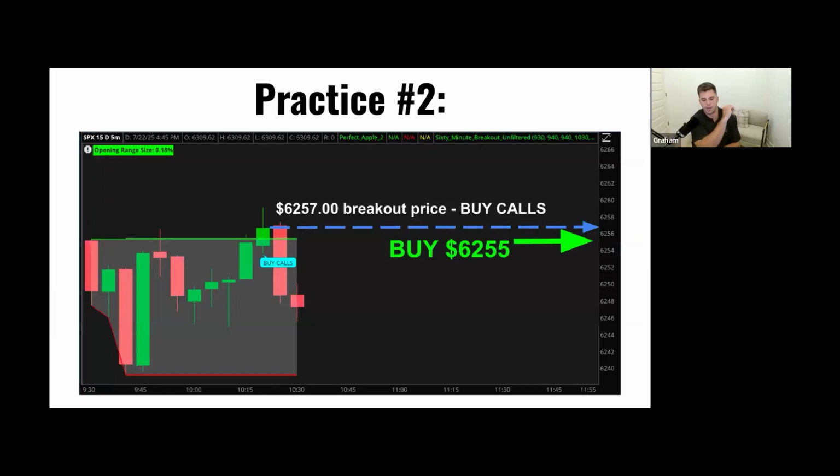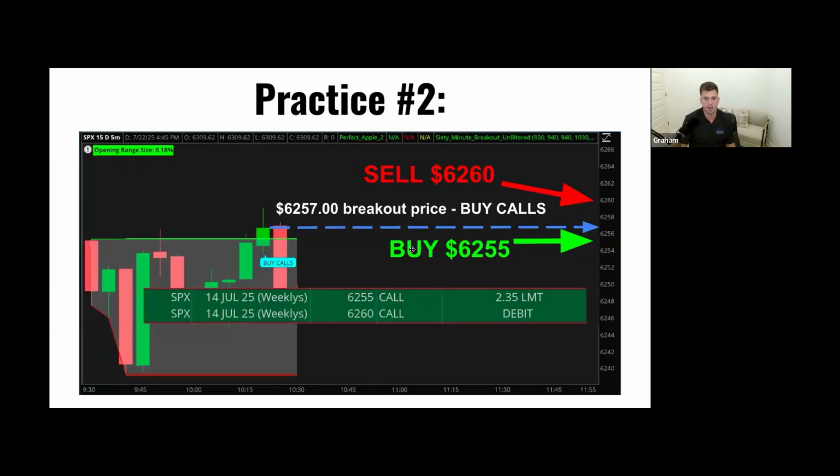So in this case on SPX, we'd buy the 6,255 and sell the 6,260. So yes, you guys got it right there in the chat. Or Mike, you did. First one in there. So we're just wrapping the current price of the stock with these two strikes.